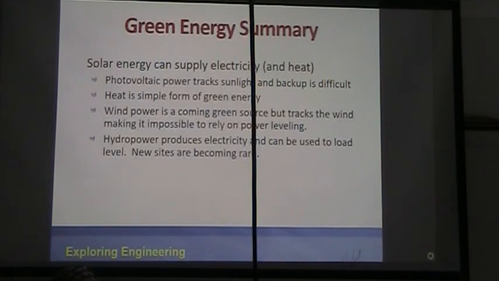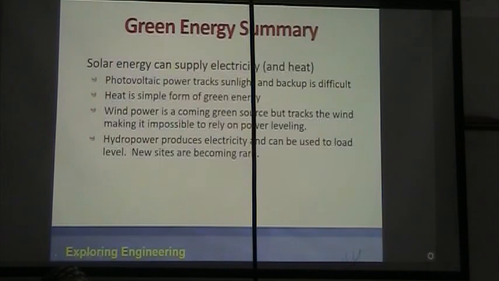Heat is a very simple form of green energy. Anytime we can reclaim heat, we will be getting free power, because ultimately all energy goes towards heat in the end.